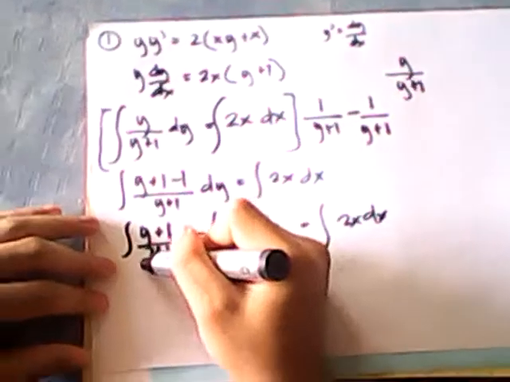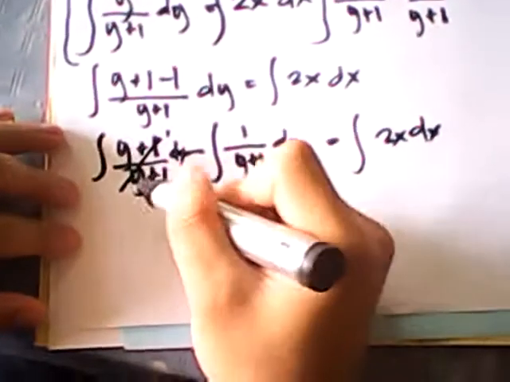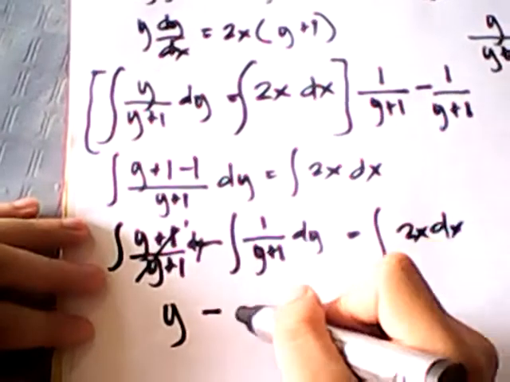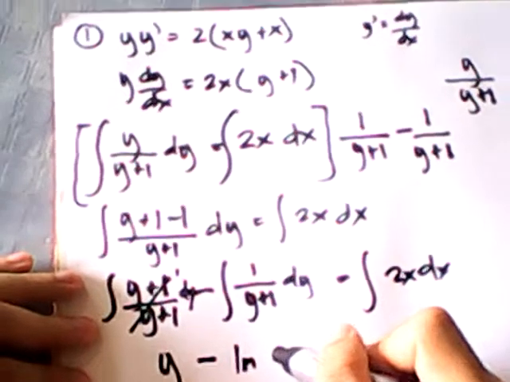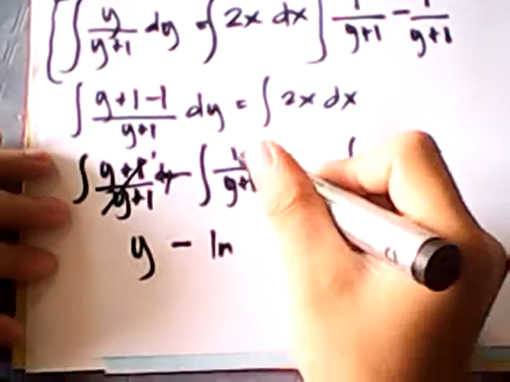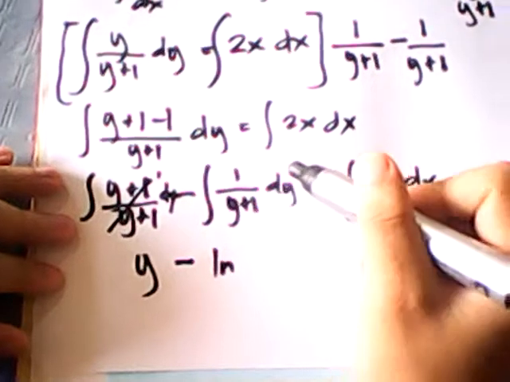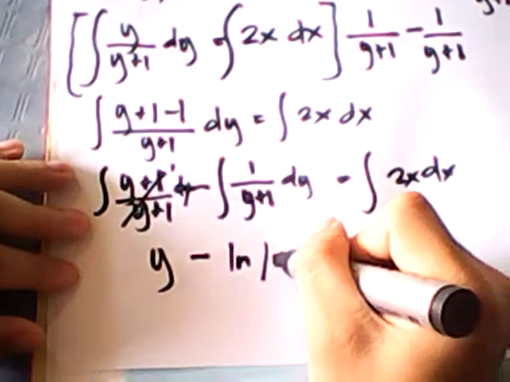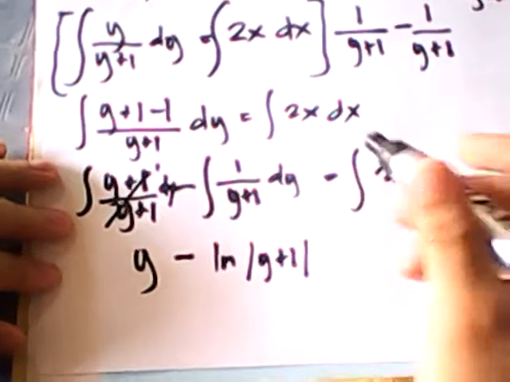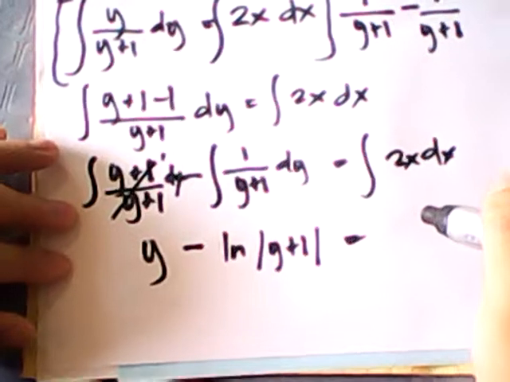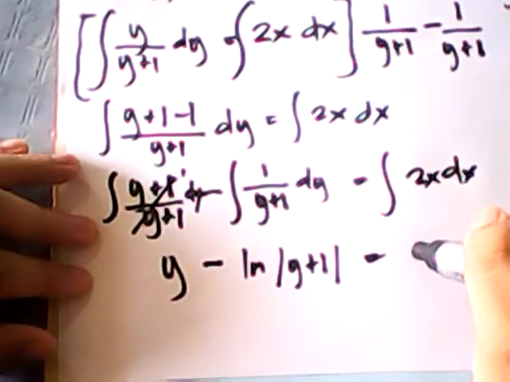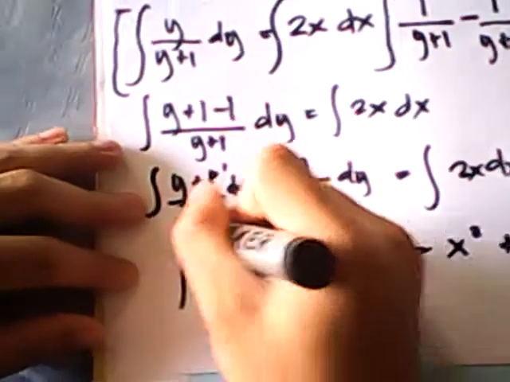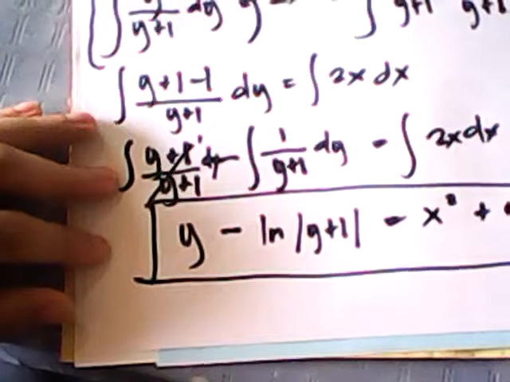You can cancel this, so the integral of that is y minus ln. The integral of 1 over y plus 1 dy is ln of y plus 1, which is equal to x squared plus the constant c. Now the general equation is this.